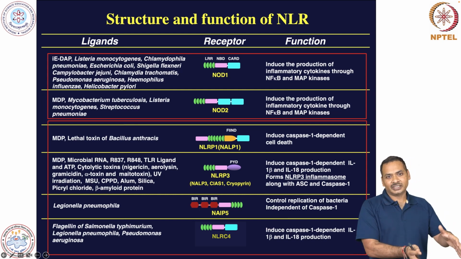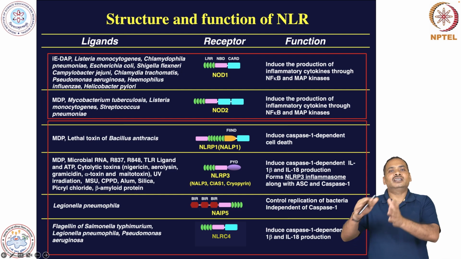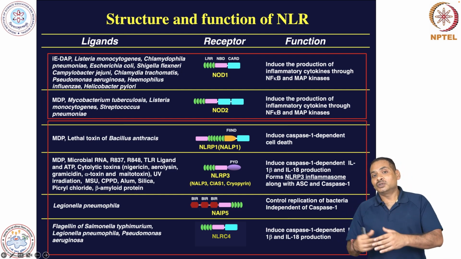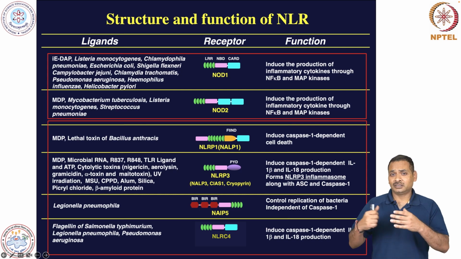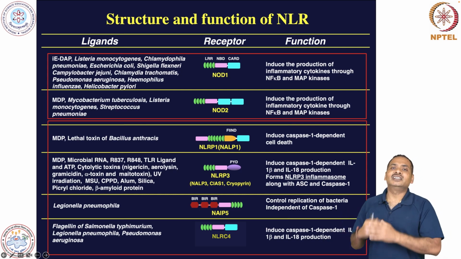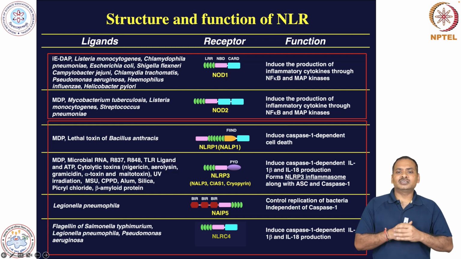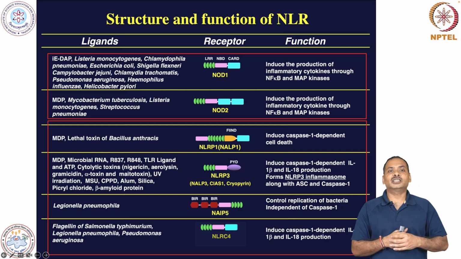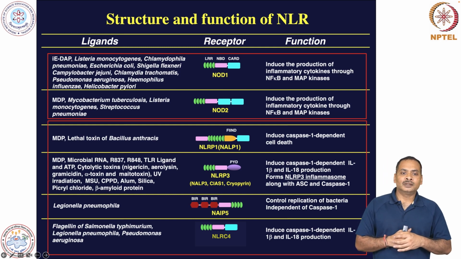One is activating NF-kappa B and another is inducing the mature form of IL-1 family cytokines, and another category also induces cell death. Okay. So this NLRP1 is inducing cell death, and it is caspase-1 dependent.